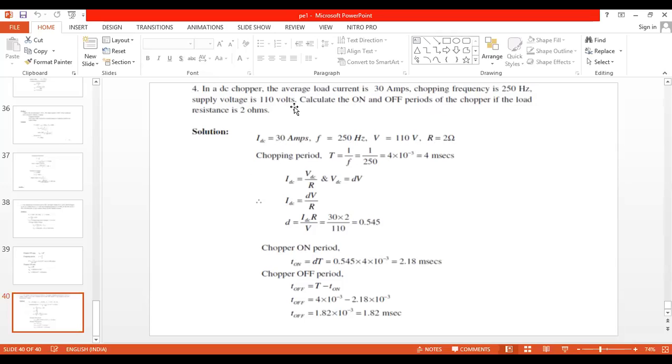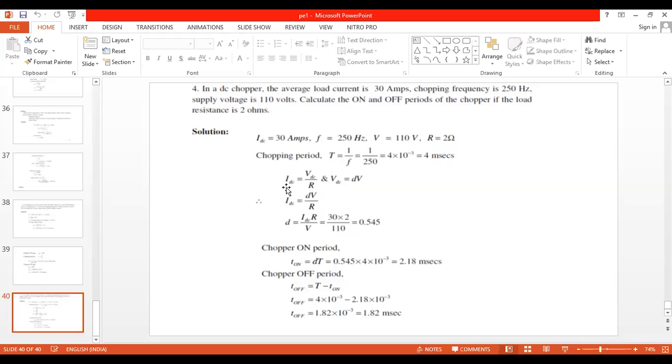If both voltages are not given in the problem, you can assume the formula of the step down chopper. So what is the formula for step down chopper? Output voltage equals input voltage into del, the duty cycle, duty ratio. But what is the current formula? Current equals voltage by resistor.